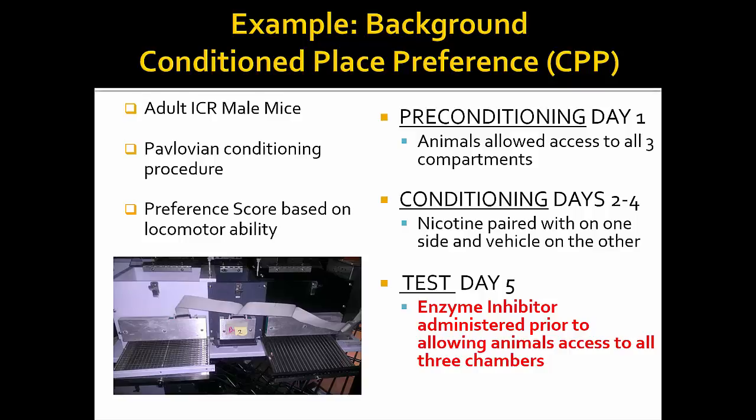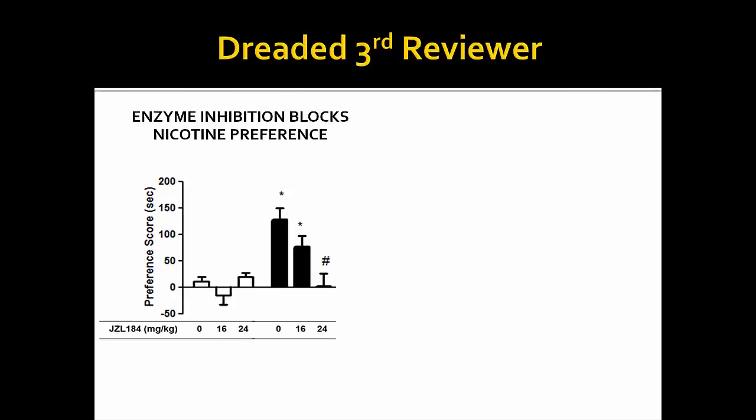So they didn't have this nicotine preference anymore. One of our reviewers came back and said, so this was my results. We did 2 different doses. We found that at this last dose, they significantly decreased nicotine preference. And both of these doses by themselves didn't really induce a preference.